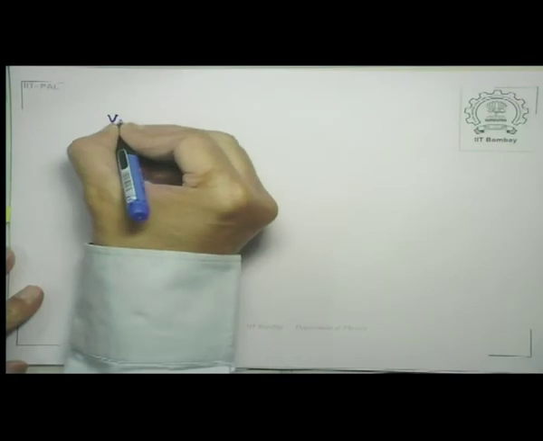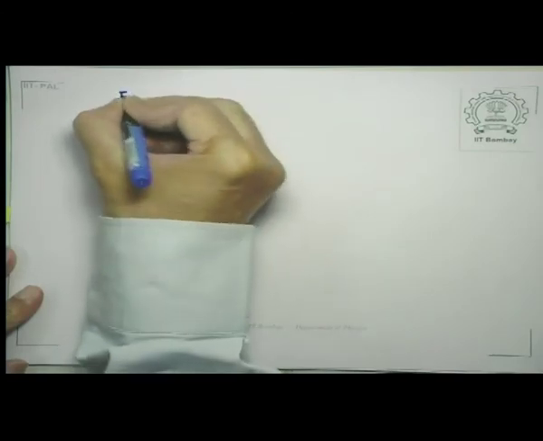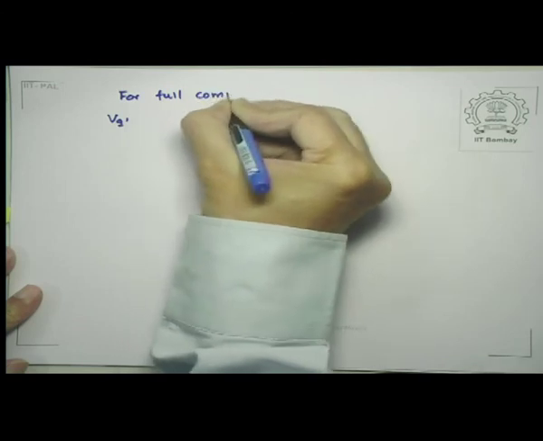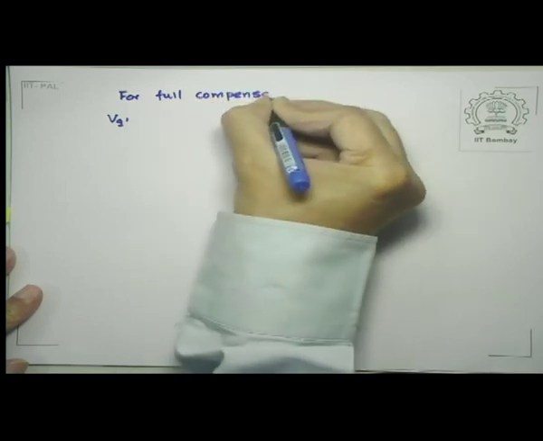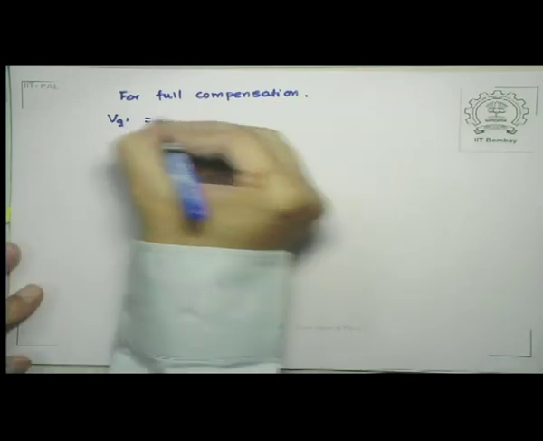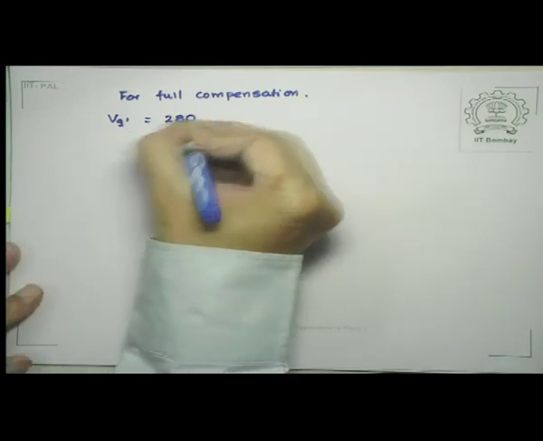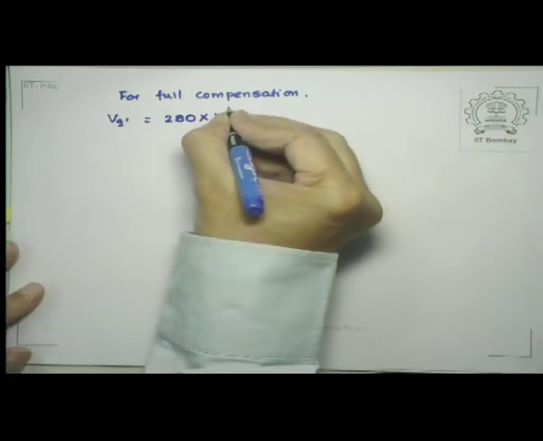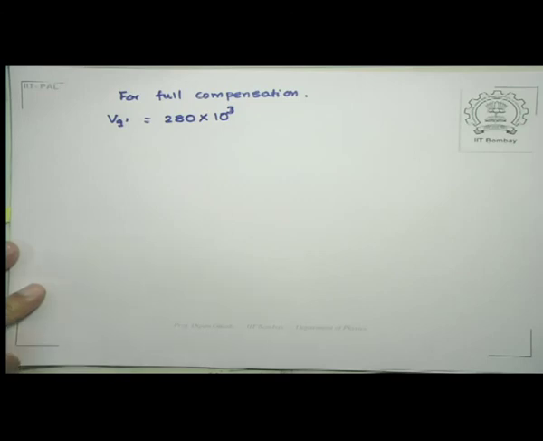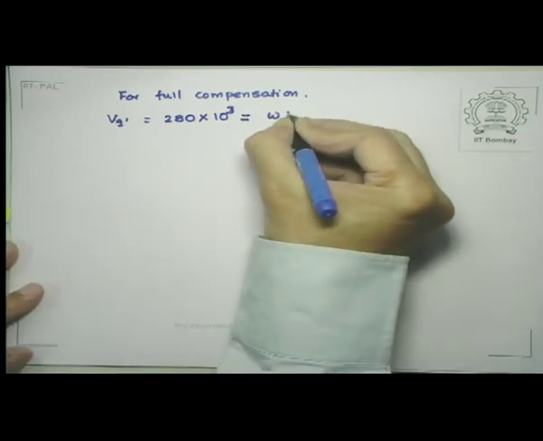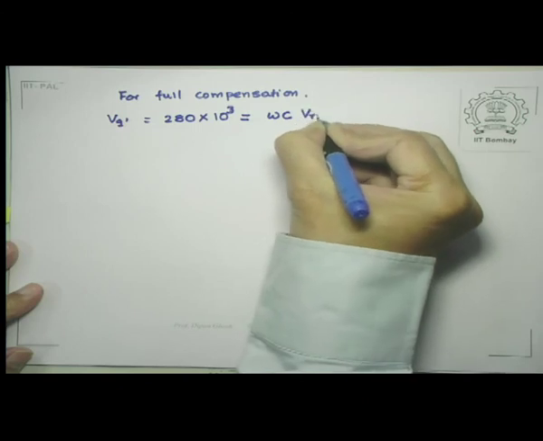We are saying then Vq prime for compensation, for full compensation, must be equal to 280 kilovolt ampere. Let me put the units properly now, 10 to the power 3, and that must be equal to omega C times Vrms square.